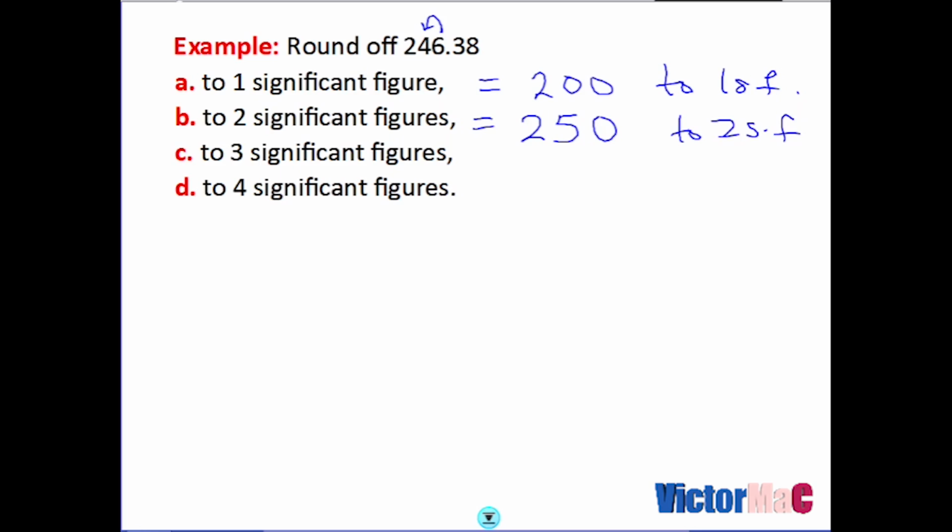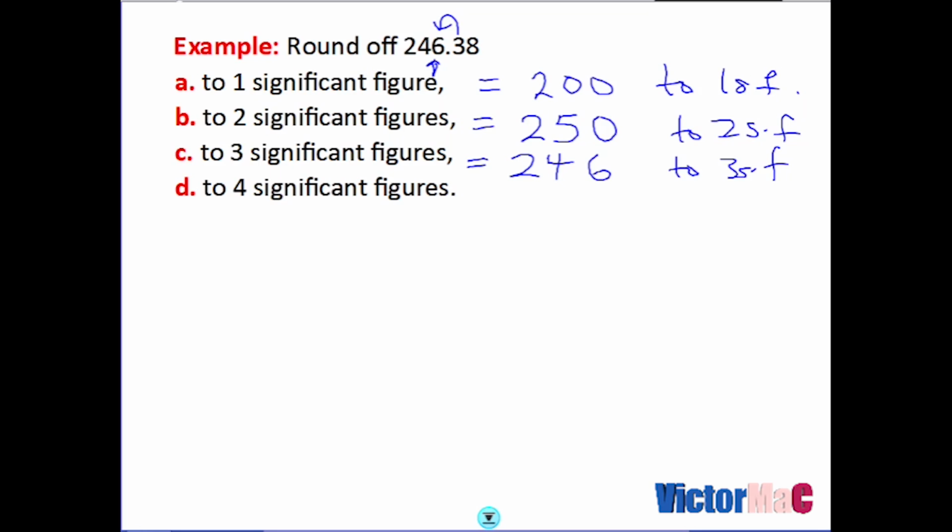Okay. The third one, 3 significant figures, we're going to have the first digit, the second digit, and then before we write the third to make up 3 significant figures, will it be rounded up by 3, the immediate digit? No. So it's going to be rounded down, so we're going to add 0 to 6, we have 246 to 3 significant figures.